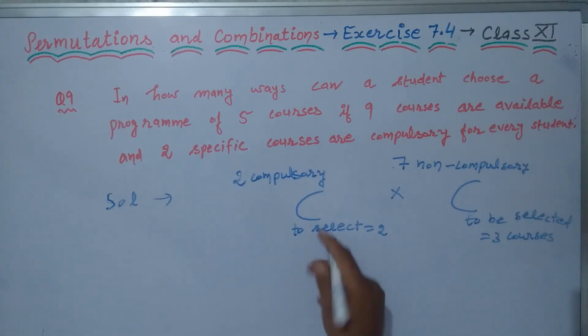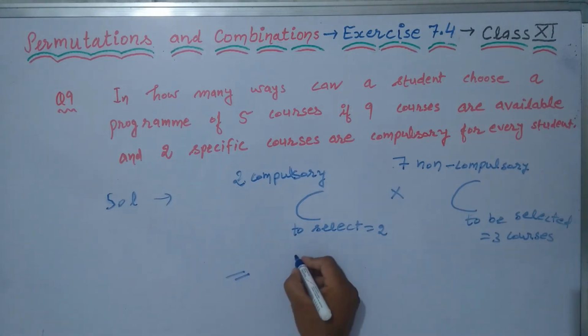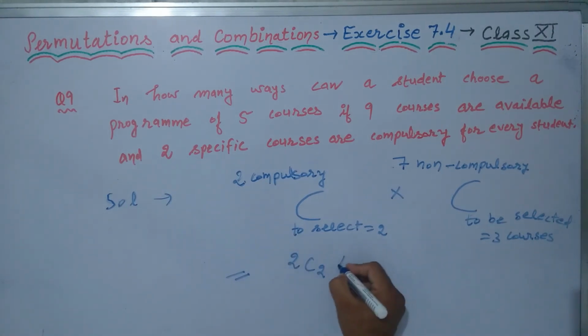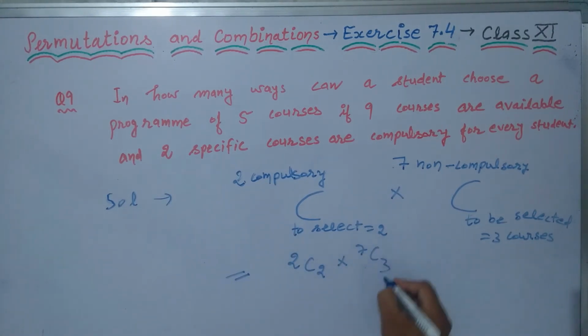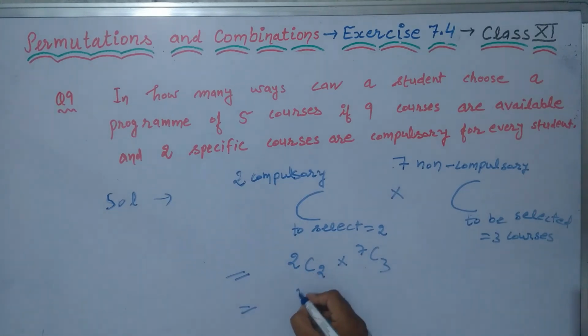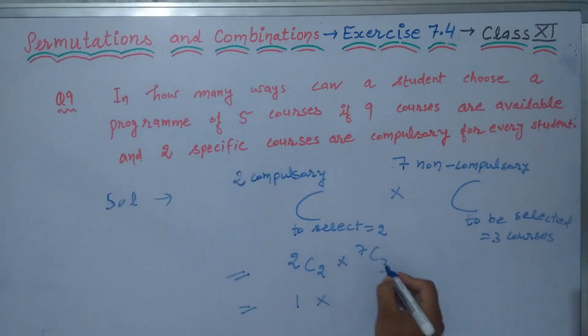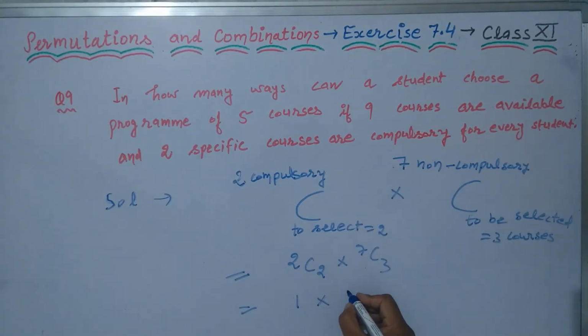Okay, so this way we have 2c2 into 7c3, which means 2c2 means 1 into 7c3 means 7 factorial divided by 7 minus 3, 4 factorial into 3 factorial, right?